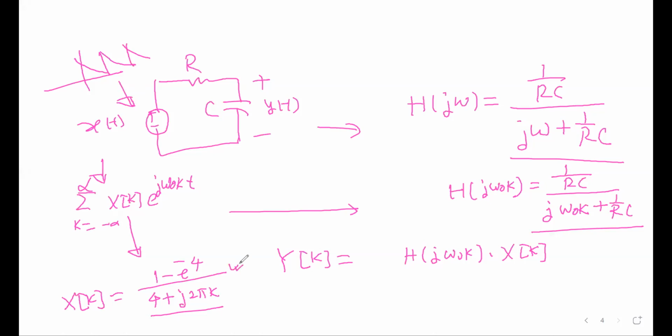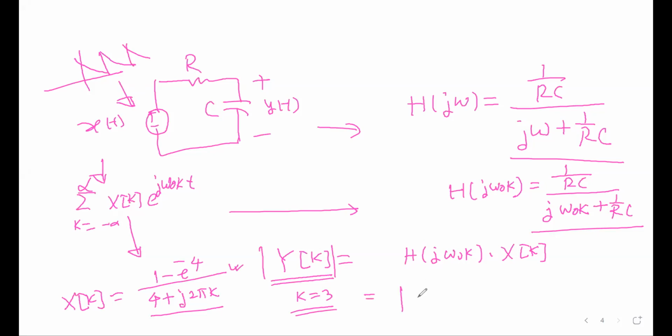And you have been asked to calculate the magnitude of the output, say for k equal to 3. How can we find it? That means the output due to the third harmonic. Then the magnitude of yk is the magnitude of your third harmonic, and that is equal to what?